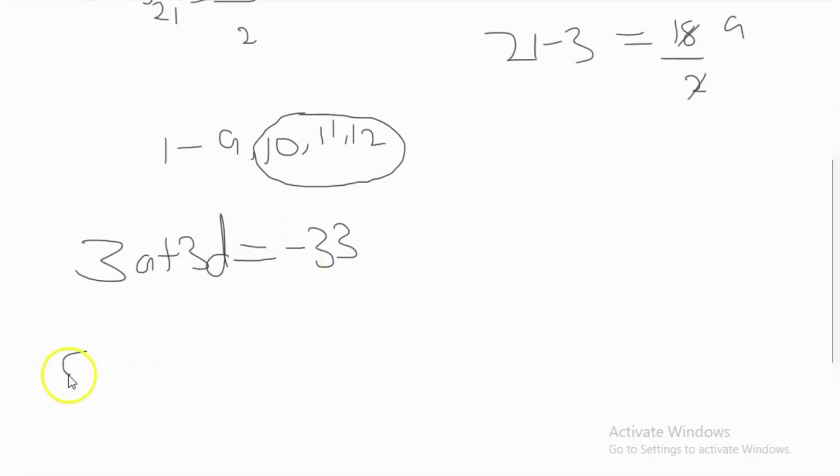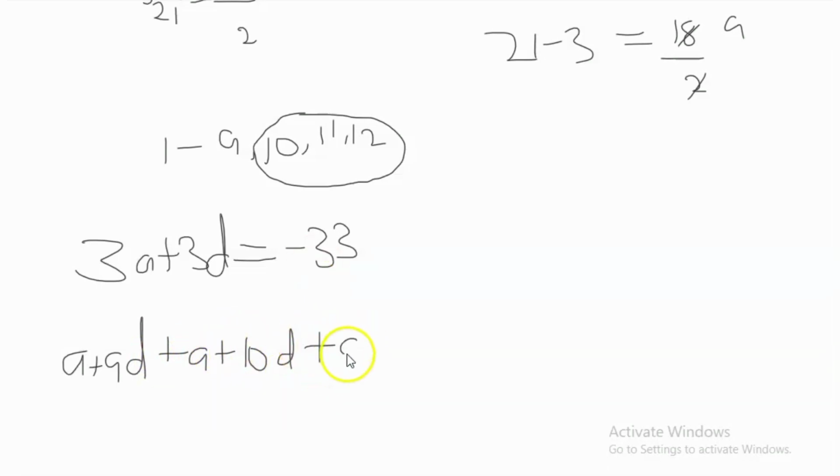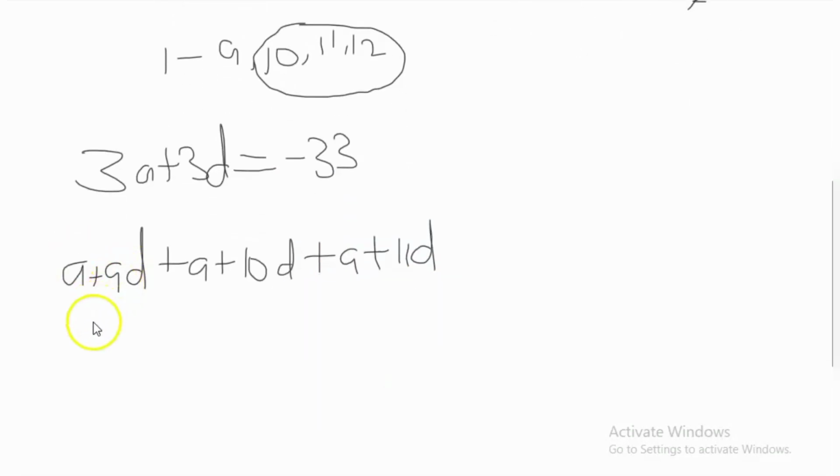The 10th term is a plus 9d. The 11th term would be a plus 10d, and the 12th term would be a plus 11d. If we add everything together, this would give us 3a plus 9d plus 10d is 19d, 19d plus 11d is 30d, and it would give us 75.